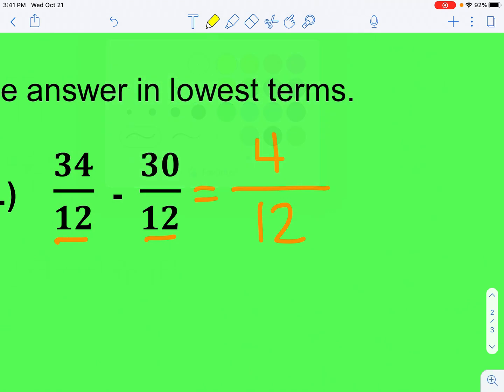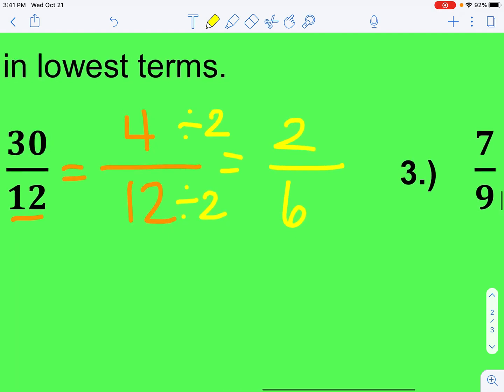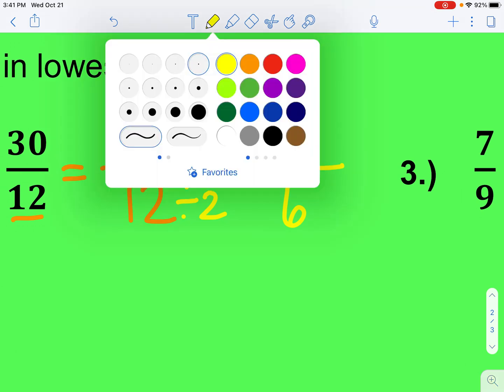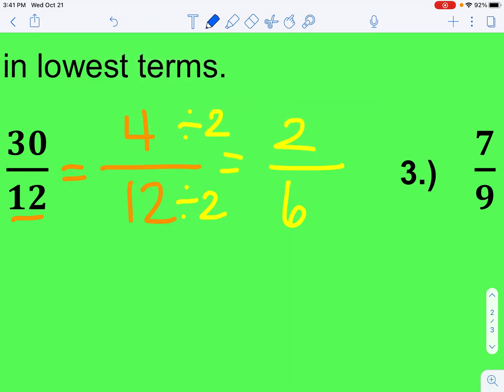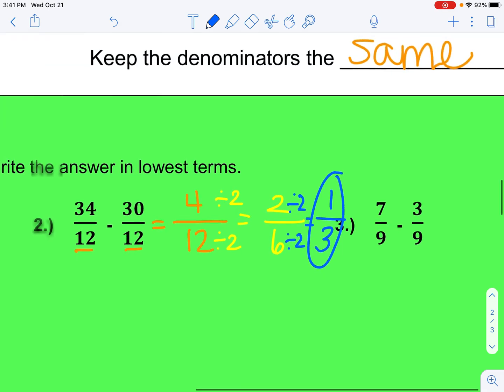I know they're both even, so I'm going to divide them by 2. 4 divided by 2 is 2. 12 divided by 2 is 6. If I look at 2/6, can I simplify that again? I can divide by 2 again. 2 divided by 2 is 1. 6 divided by 2 is 3. So my answer is 1/3.